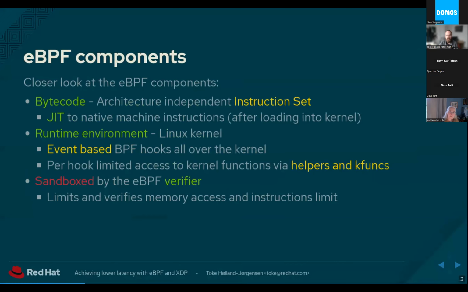The verifier will block the most common memory mistakes, so that it's safe to load in the sense that it won't crash the kernel. Anything you do that would crash the kernel will be rejected ahead of time instead.